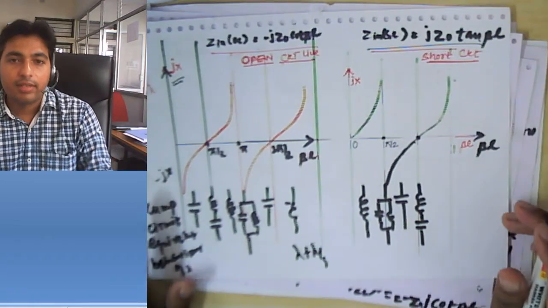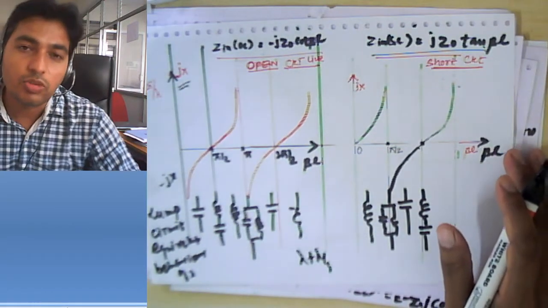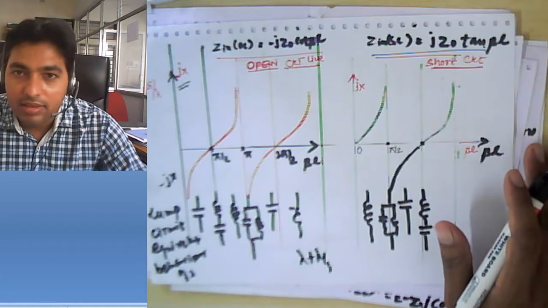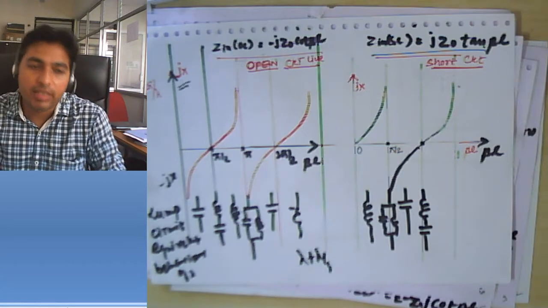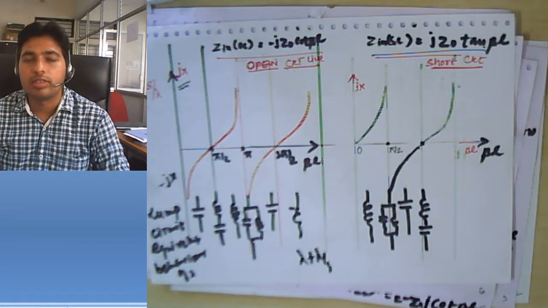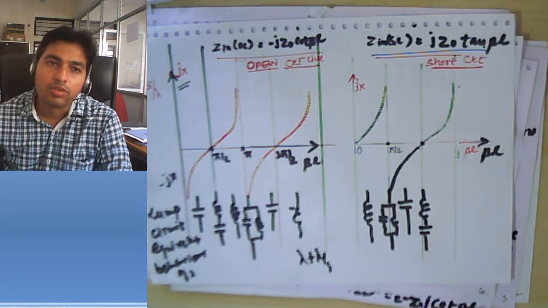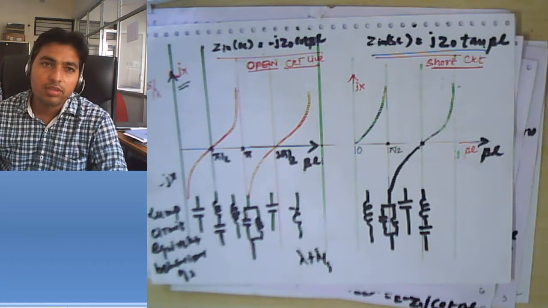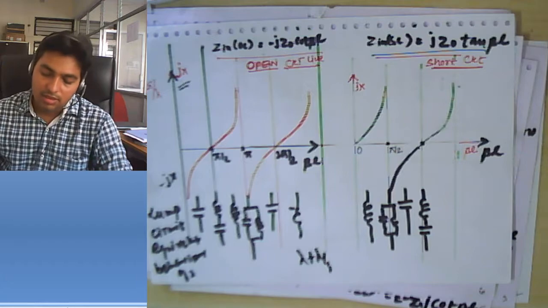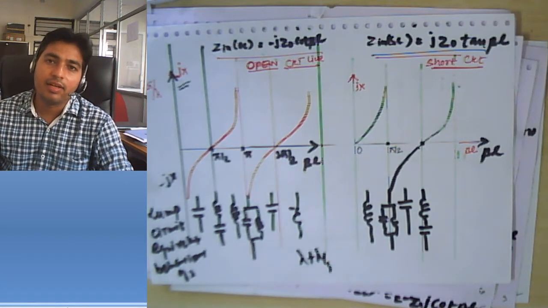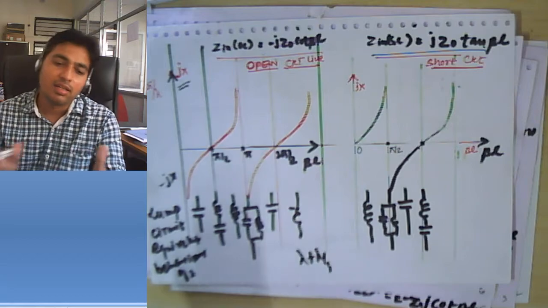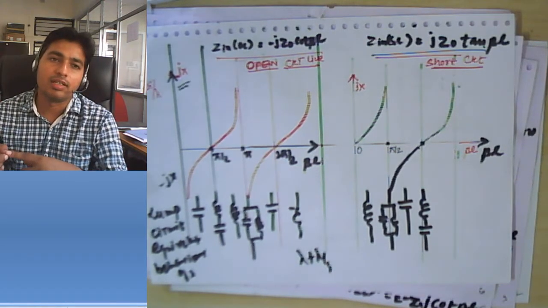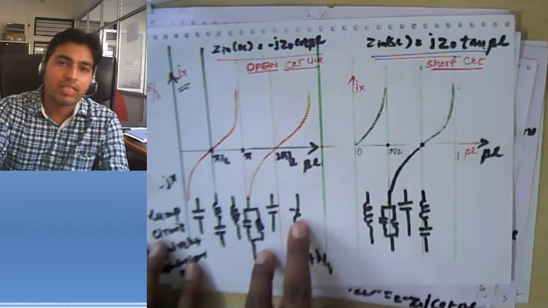So we have seen that we can achieve any possible imaginary impedance if we use either an open circuited transmission line or a short circuited transmission line. We are going to use this very important observation in our next lecture, when we will see the Smith chart as well as impedance matching using open circuited and short circuited transmission lines. At that time, we will recall this.